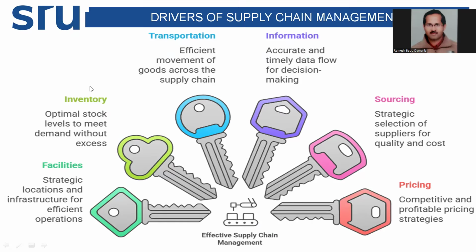Second driver is inventory. Inventory means having stock of items, materials, goods in various forms. It may be raw material, or semi-finished form, or finished goods. It can be in any stage of process. So optimum stock levels to meet demand without any excess issues. When you have to meet the demand, you should not keep extra, otherwise it will carry unnecessary holding costs.